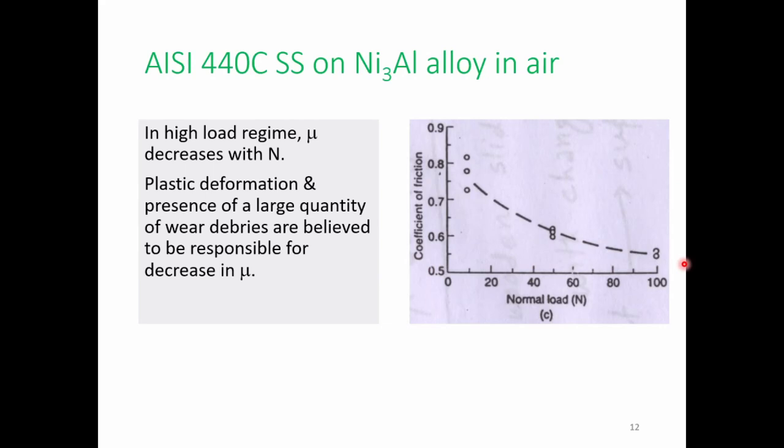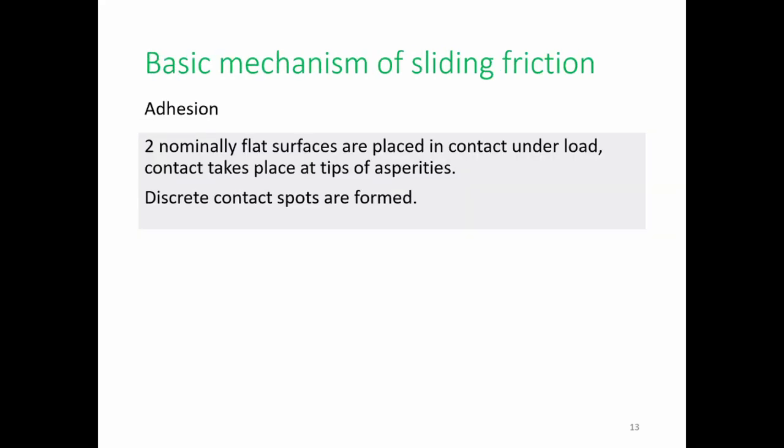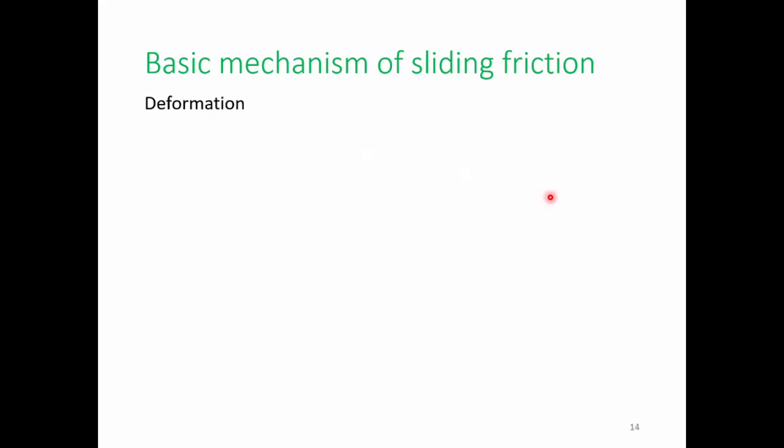Basic mechanism of sliding friction. Adhesion: when two flat surfaces are placed in contact under load, the contact takes place at the tip of the asperities. Discrete contact spots are formed. When these two surfaces move relative to each other, a lateral force is required to shear the adhesive bonds.